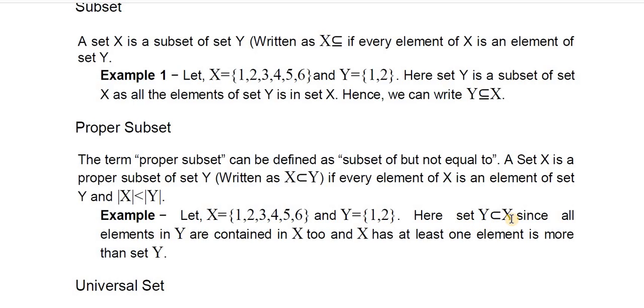Here y is a proper subset of x since all elements in y are contained in x and x has at least one element more than y. x ত এটা হলেও y কে বেছি এলিমেন্ট থাকিব লাগিব proper subset হ'ব লাগিব, ঠিক আছে? ইয়াতো এটো proper subset হৈ আছে. কিন্তু proper subset is also a subset but every subset is not a proper subset. ঠিক আছে? তার মানে কি, x নিজে এটা subset of x, x is itself a subset of x but x itself is not a proper subset of x. Clear?